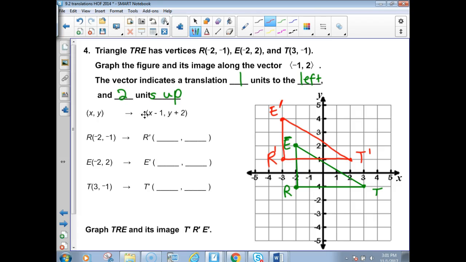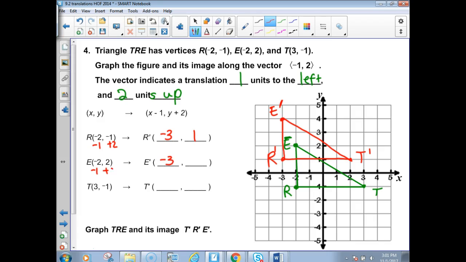Now, what this is indicating here is that we could have done this. We could have subtracted 1 from the x component, which would give us negative 3. Negative 1 plus 2 is 1. And then I check R prime is at negative 3, 1. E prime is at negative 3, 4. If you subtract 1 from negative 2, you get negative 3.